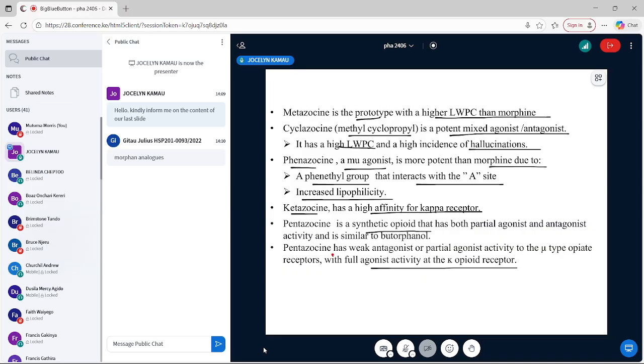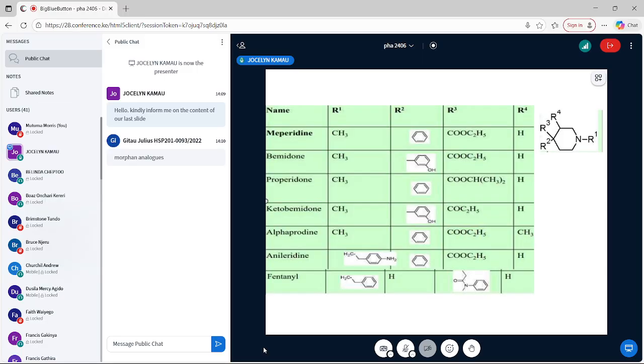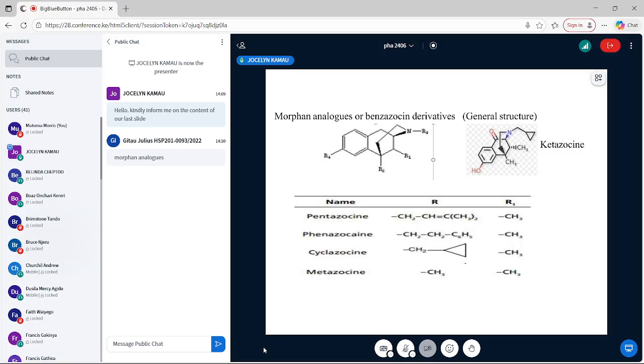So the minute that molecule has partial agonist and antagonist activity at the mu receptor, that's why we are saying the compound has both antagonist and agonist activity.